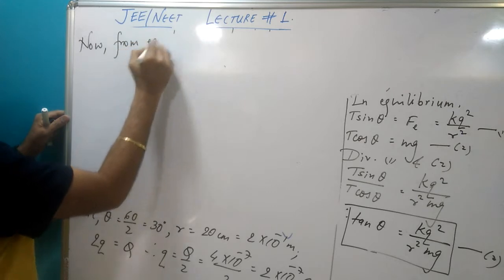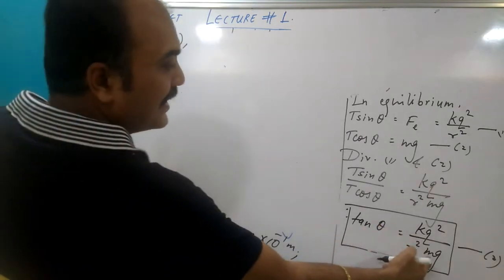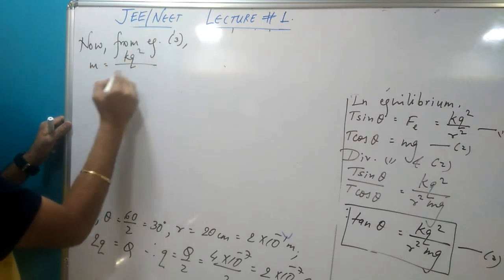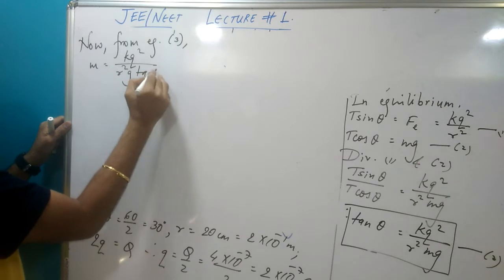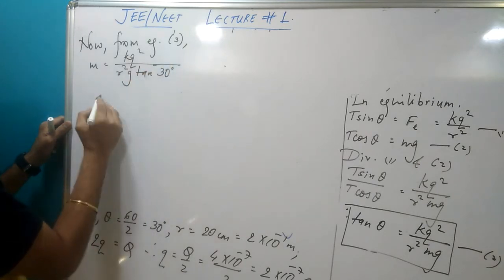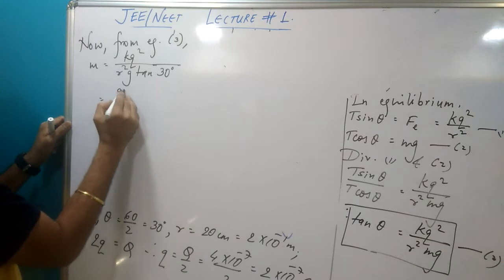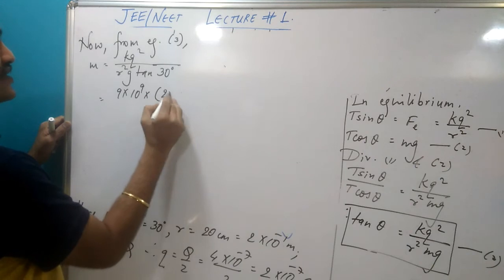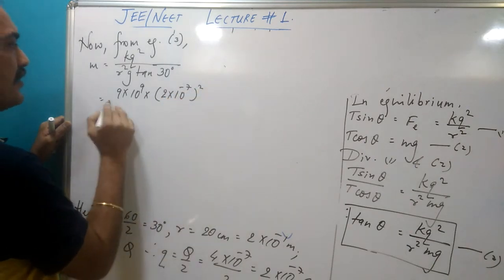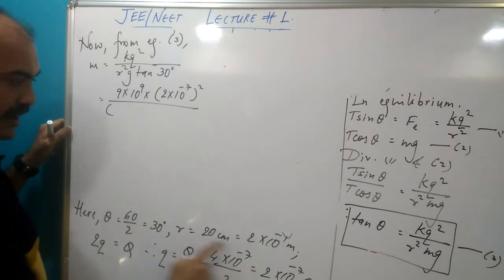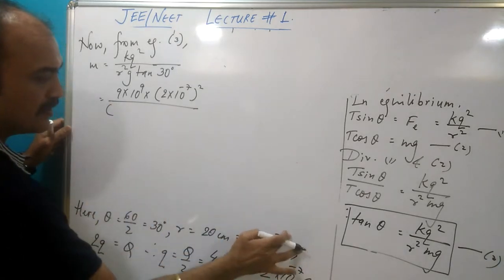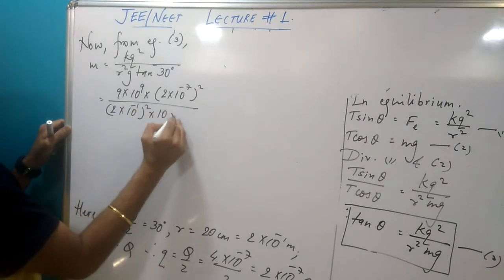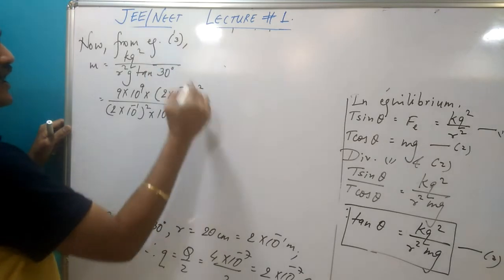From equation 3, let us isolate m. m is kq² by r² g tan theta, and tan theta is tan 30. Let me now put the values. 9 into 10 raised to 9. How much is q? 2 into 10 raised to minus 7, the whole square, over r. R is 2 into 10 raised to minus 1, the whole square. I always take g as 10, and tan 30 is 1 by root 3.